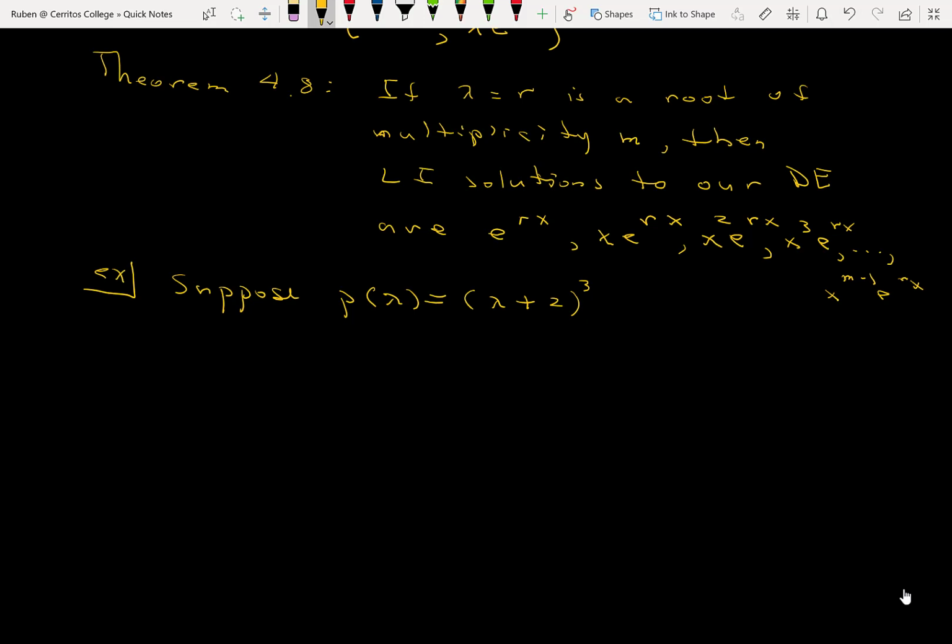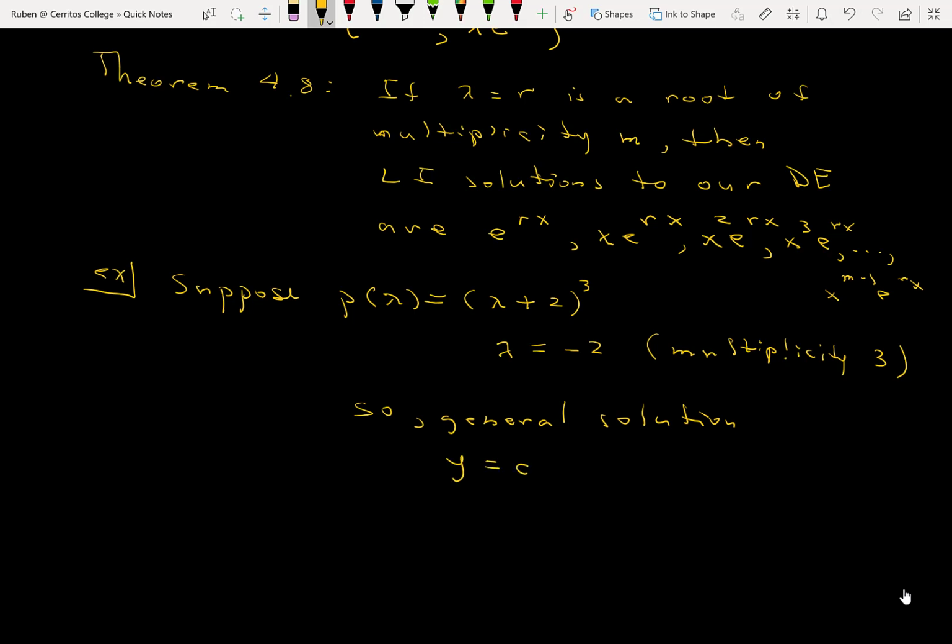In this case, lambda equals -2 is a root of our auxiliary equation of multiplicity 3. So our general solution is very easy to construct.